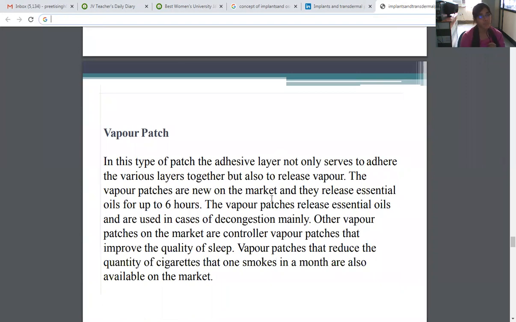Vapor patches are new on the market and they release essential oil for up to 6 hours. They are used in cases of decongestion mainly. Other vapor patches on the market are controller vapor patches that improve the quality of sleep, and vapor patches that reduce the quantity of cigarettes one smokes in a month.